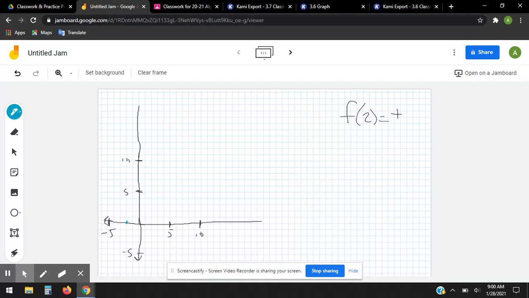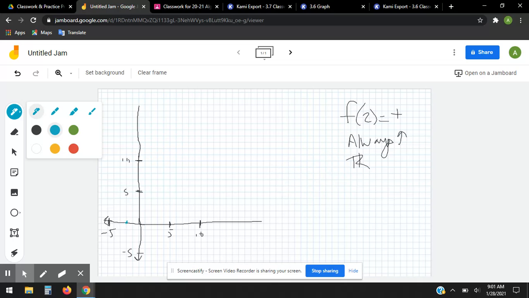And it is always increasing. And it's all real numbers for a domain. So we can use any number on here. So this is the only point I have to have on here. That's the only point everyone should have: f of negative 2 is 0.